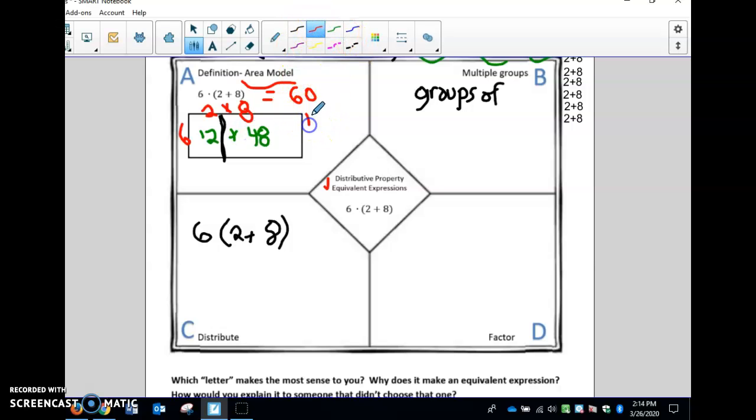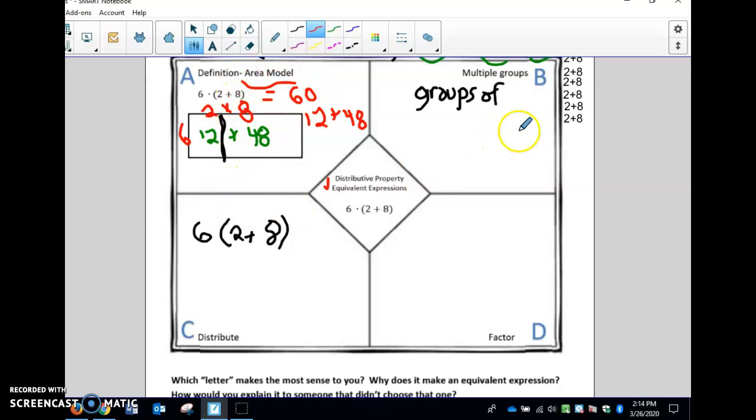That is an equivalent expression to 6 times 2 plus 8, if I wrote 12 plus 48 by the distributive property. So notice that I've got an equivalent expression right here. 60, I've got 3 of them. 6 times 2 plus 8, I've got 60, and I've got 12 plus 48. All of those are equivalent, and if you chose this box, that's because of the area model.